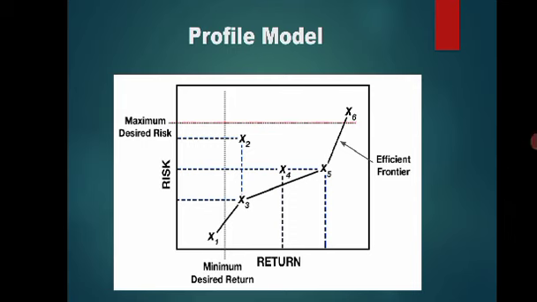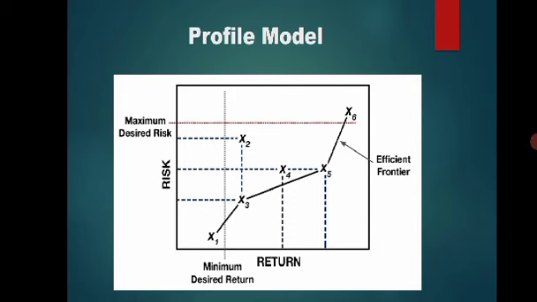Let us take a look at a typical example of the profile model. We could see that the potential return has been plotted on the x-axis, whilst the risks or the perceived risks has been plotted on the y-axis.